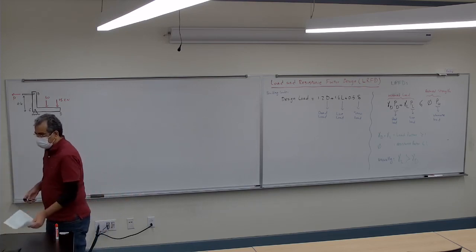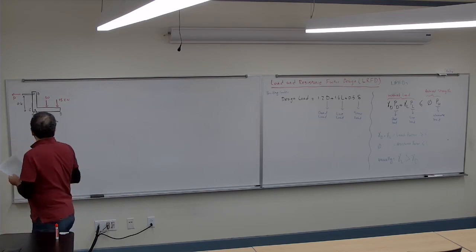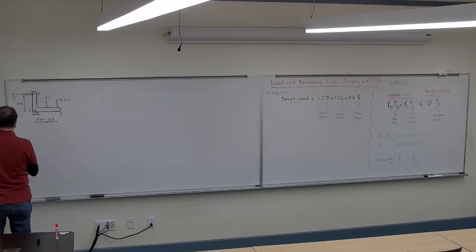What else we know is that the normal stress, the ultimate, is 600 megapascal. The tau ultimate is 350 megapascal.